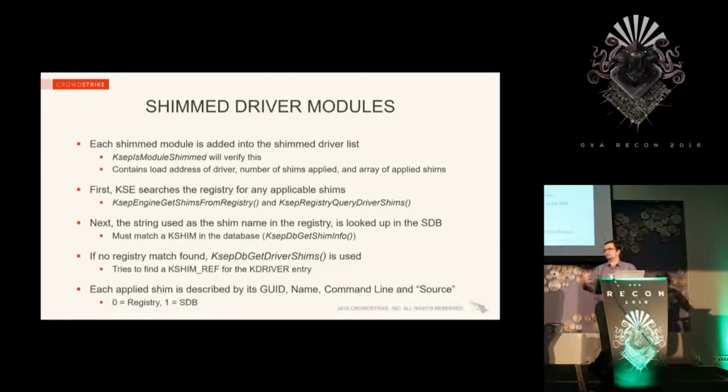So I can either shim a driver by putting that in the registry, or by putting that in the SDB. And then each shim is described, like I mentioned, by a GUID, a name, a command line, and also a source. So you can know, was this driver shimmed because of the registry, or because it was in the SDB file, which again is useful once we go and dump these things in memory.